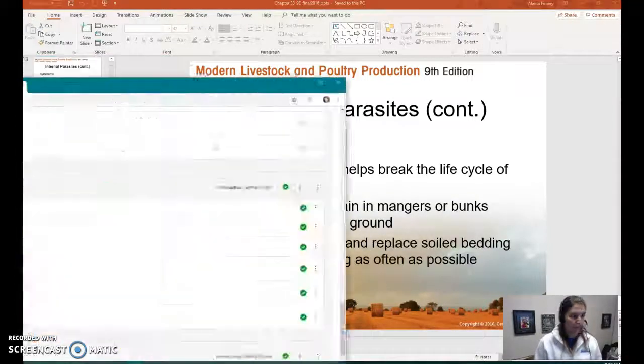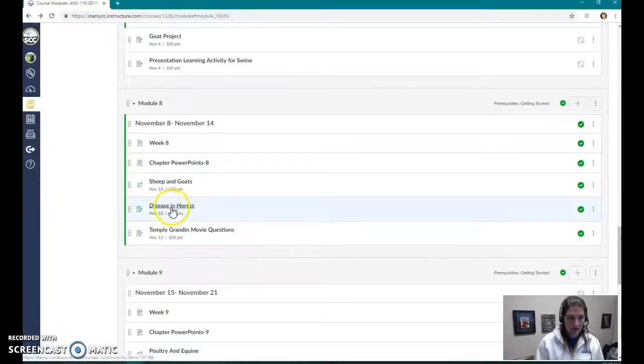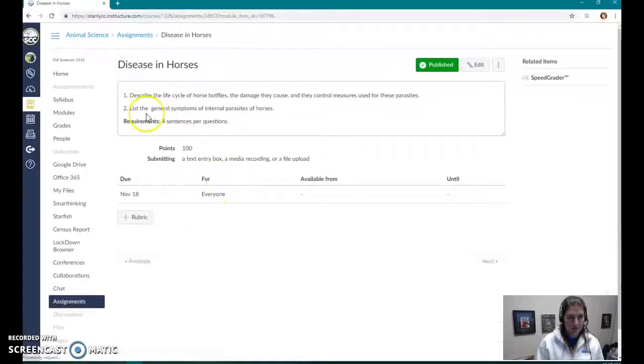So I'm going to pull this over so we can go over quickly your disease assignment. Basically what you're going to do, Ethan, is describe the life cycle of horse botflies, the damage that they cause, the control measures that you use for that parasite, and then list the general symptoms for internal parasites of horses. You're going to need 4 sentences for each of those questions or statements to answer.